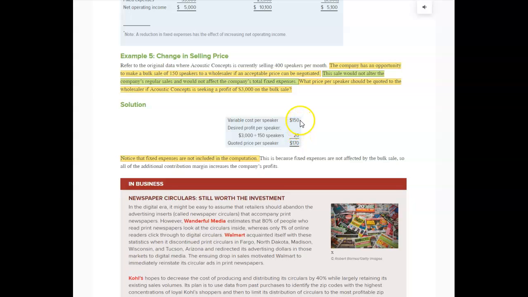So we're going to not only cover our variable cost, but add a profit of $20 per speaker, and this will be a price of $170. So we can make a special sale at a special price to this wholesaler, and if we sell them 150 speakers at this price, we will have a profit of $3,000. So again, in this case, ignore fixed expenses because they do not change.